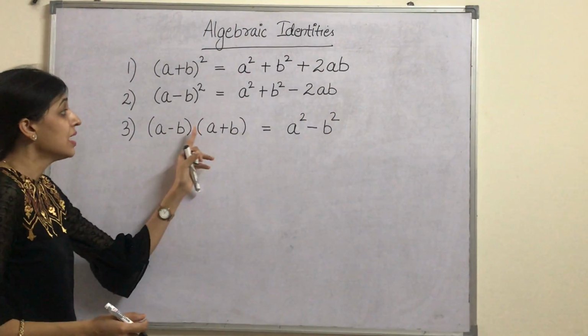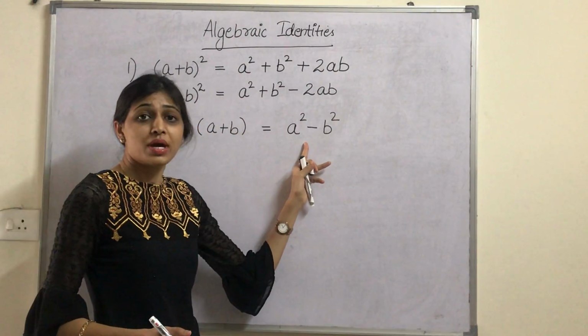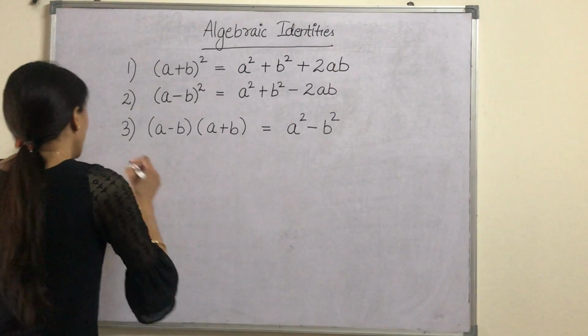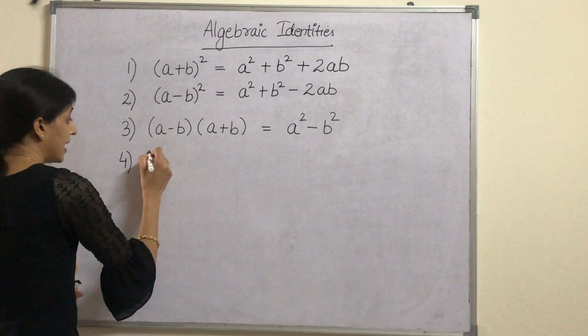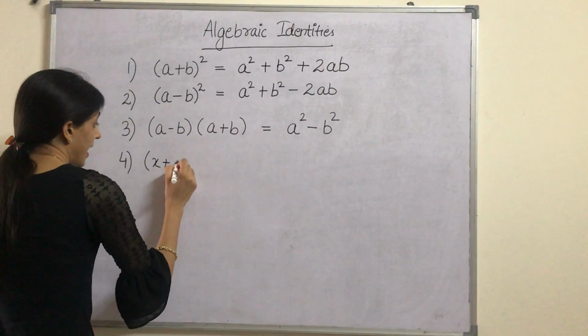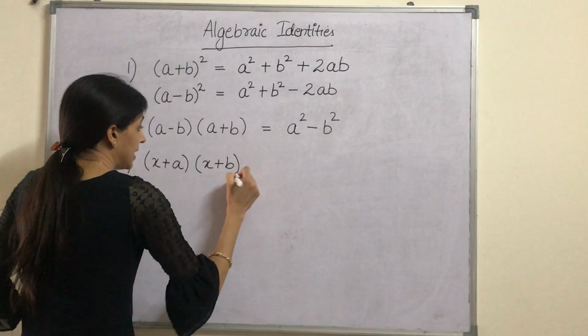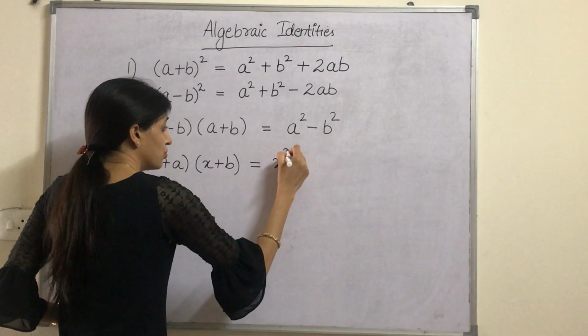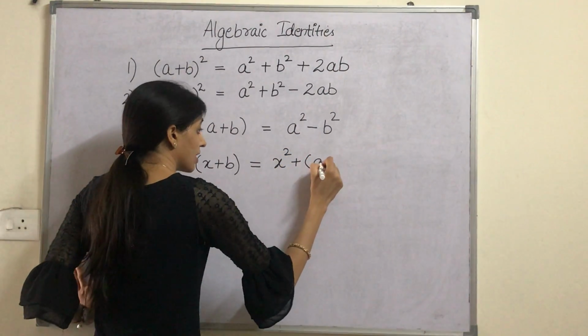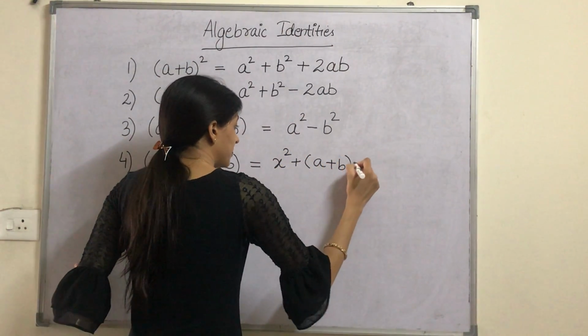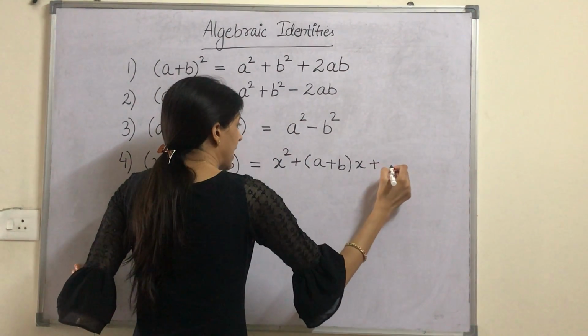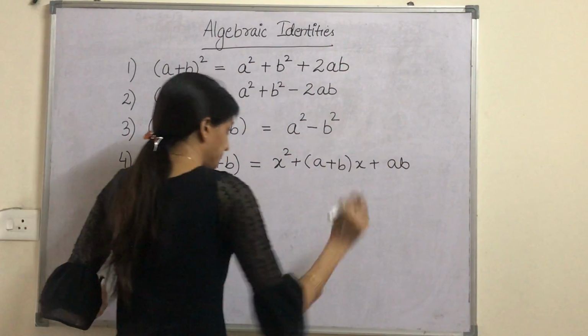The fourth identity is x plus a, x plus b is equal to x square plus a plus bx plus ab.